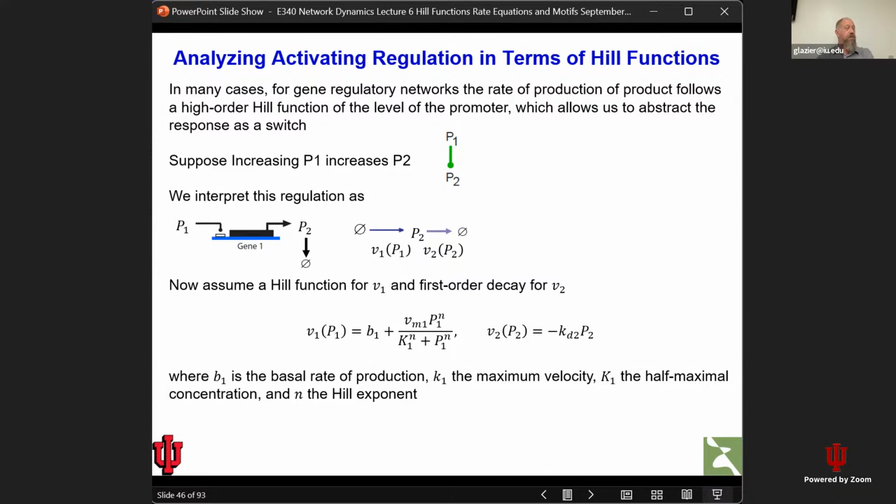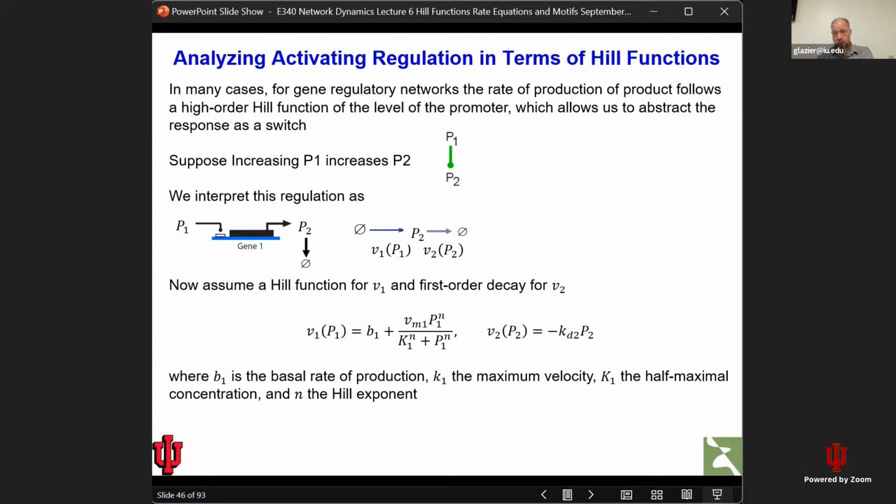Even in the absence of the promoter, P1, we often will have a small rate of production of the gene product. That's called basal rate of production, and we'll give that the letter lowercase b. Very often we'll set b to 0, but there are going to be systems where we need to make b non-zero. So the velocity of production will be a basal rate b1 plus V max times P1 to the N over K1 to the N plus P1 to the N.